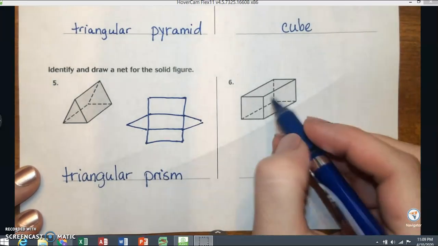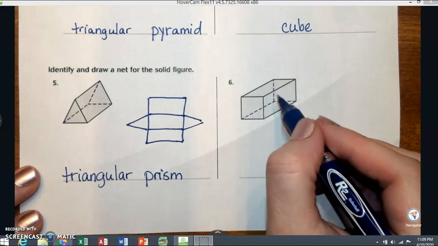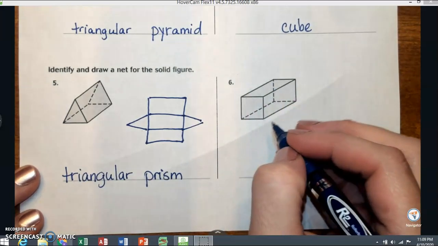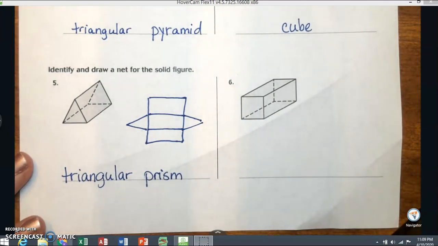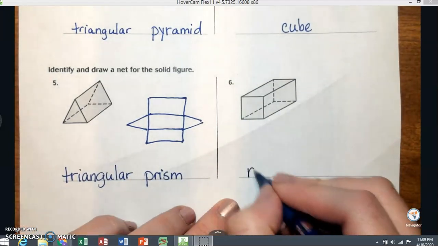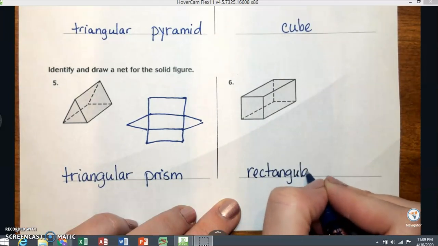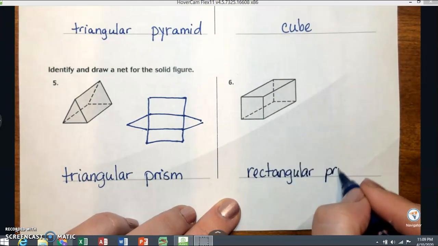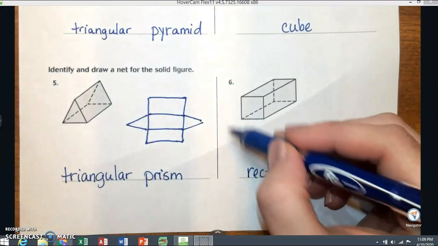Okay, so next on this one, it appears that we have 2 squares and 4 rectangles. Now, since we are dealing with a square, but they usually don't say square prism, they just go ahead and call it a rectangular prism. Alright, so to draw this, I'm going to do it kind of like I did this one.